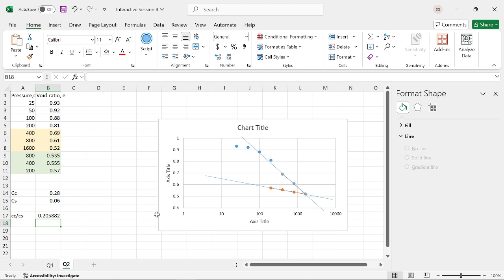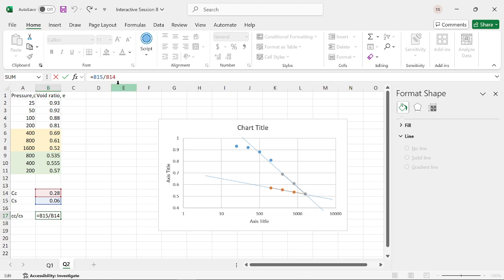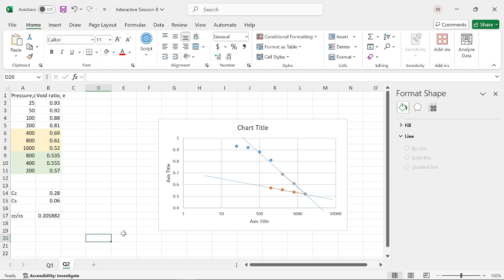Was it Cs over Cc or Cc over Cs? Cs over Cc. This is about 0.2. Cs over Cc is 0.2.